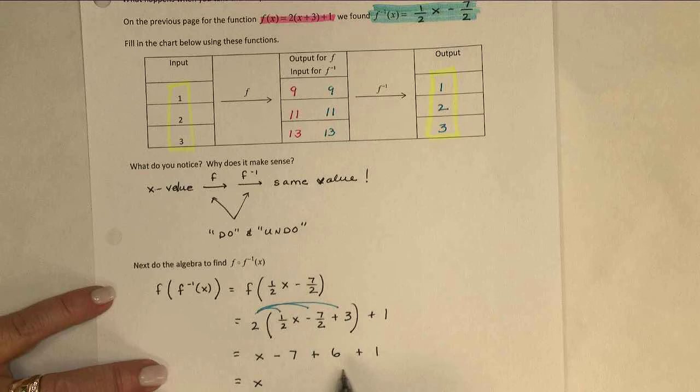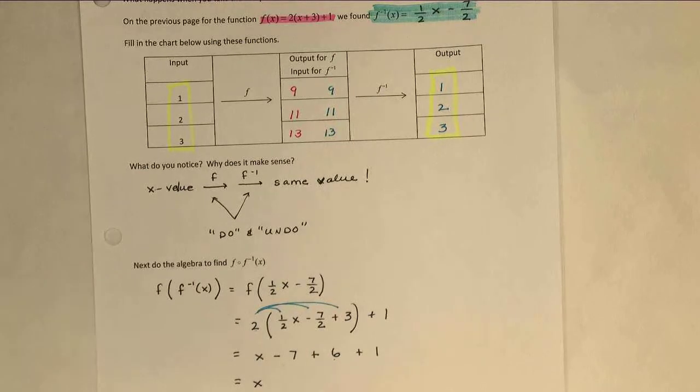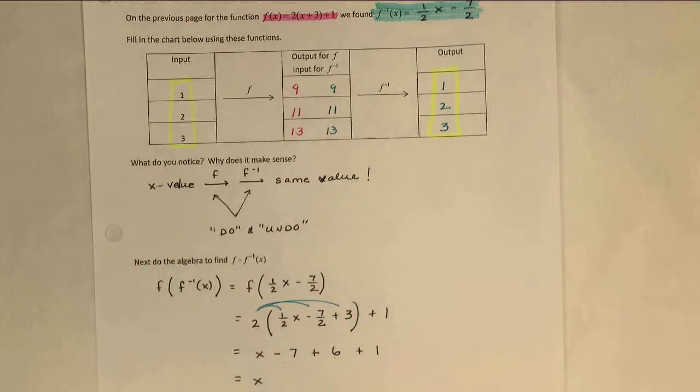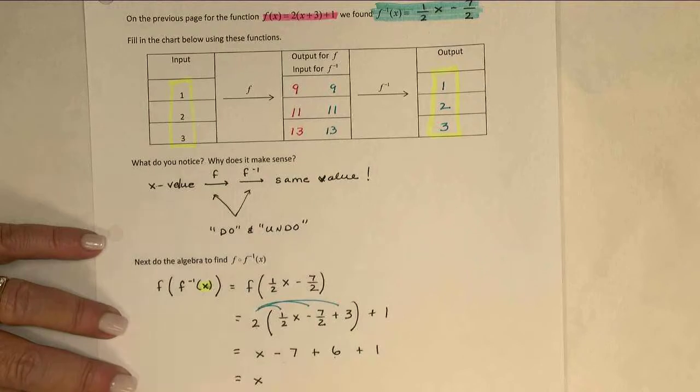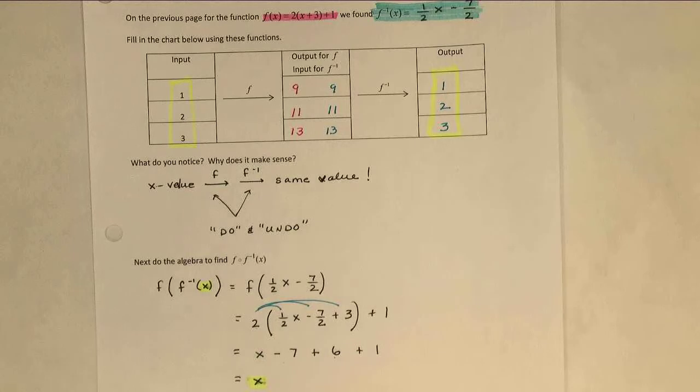And then notice negative 7 and positive 7 give me 0, so I really just have x again. We've shown once again that whatever x we put in, by the time we do both the function and the inverse, we're going to get that same x back out again. Anytime you have a function and its inverse, their composition should always just give you the x value back again.